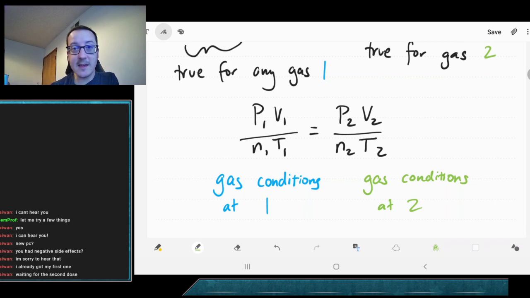And this can be the same gas. So we can say, okay, if we're going to change the volume, we can see what happens to the other 3. Or maybe we're going to change 2 of these things. We're going to change the volume and the pressure. What's going to happen to the temperature? We can use this to mess with our properties for the gas.